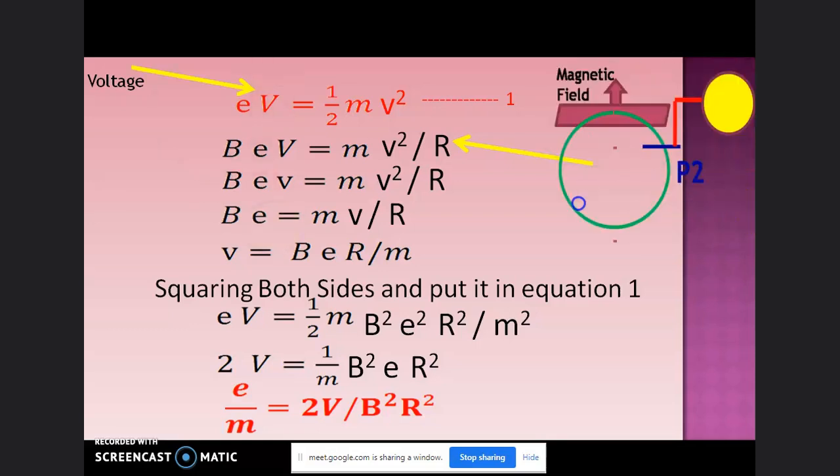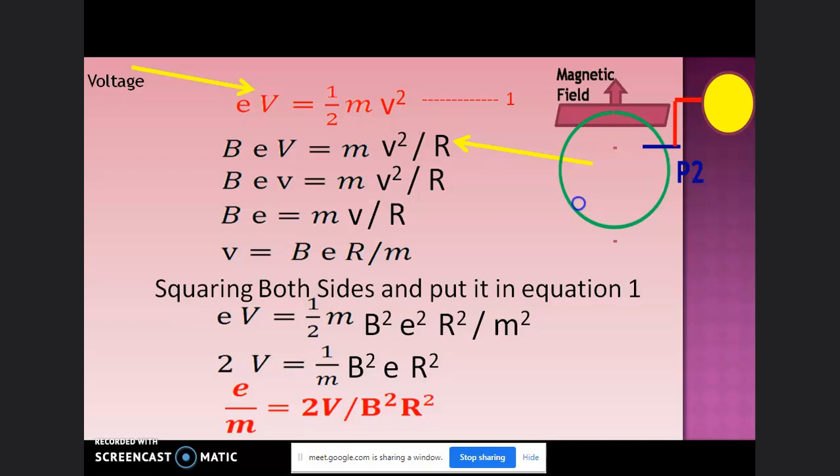This circle has a radius, and once the electron moves on a circular path, it possesses centripetal force, and the centripetal force is given by the equation mv square by r, where r is the radius of the circular trajectory path of the electron.